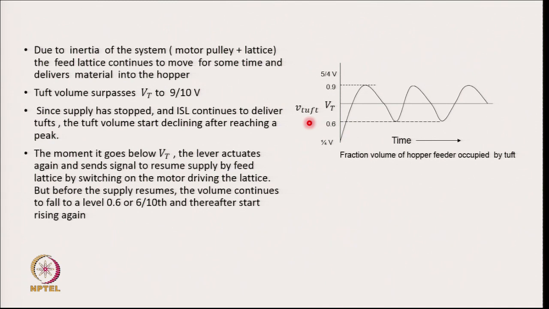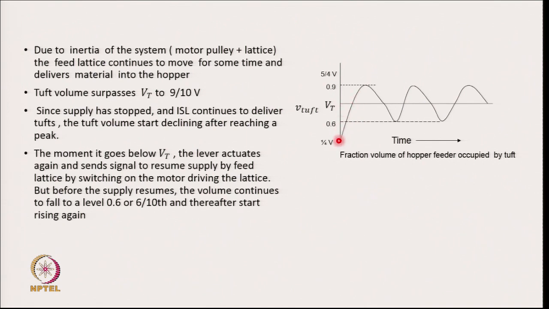So, what we see is a kind of sinusoidal curve. I will explain the curve. Now, let us say initially we started where it was not at all filled, 1/4 volume was filled. So, with time the hopper feeder keeps on receiving material from the feed lattice.